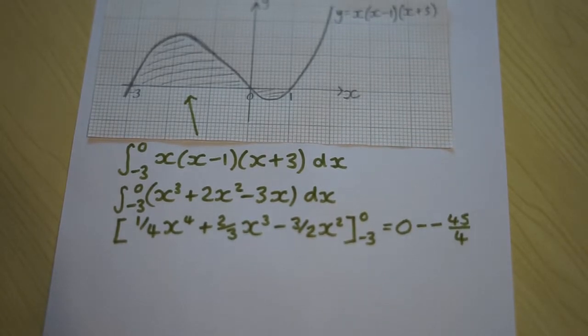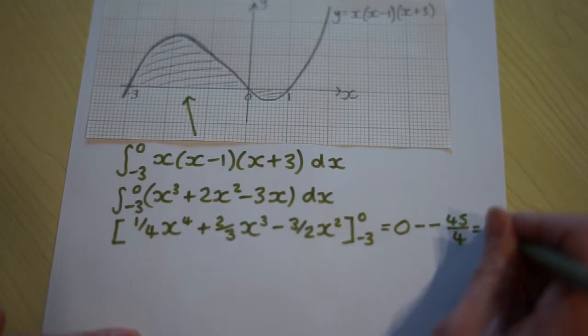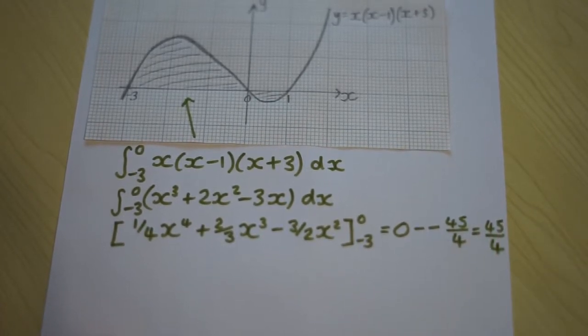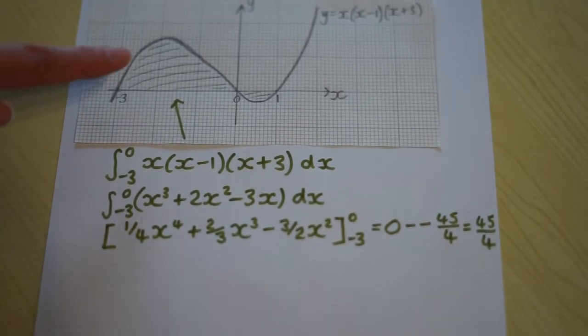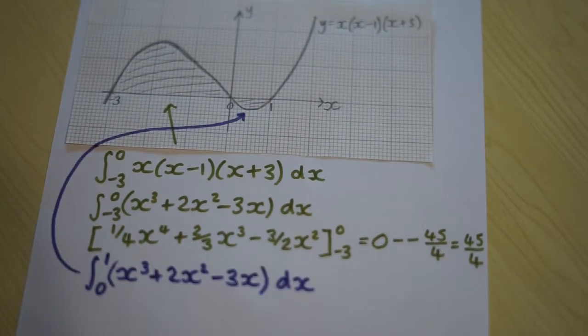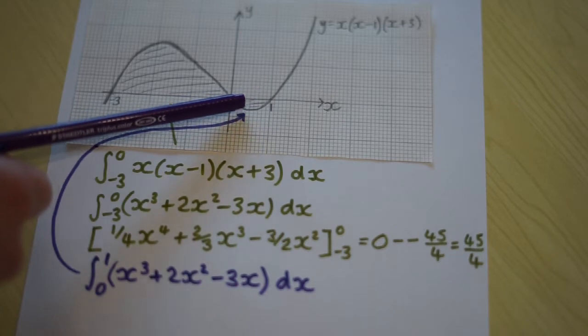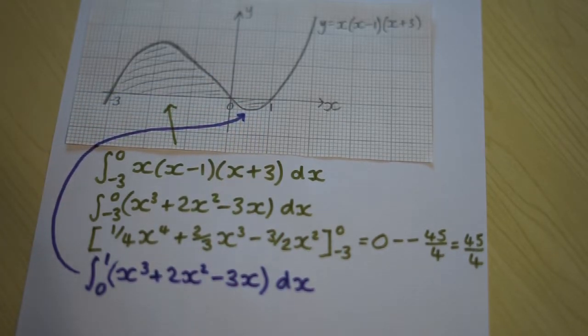So all in all, this shows that the area of the first part of the graph is 45/4. We now have to integrate between 1 and 0 to get this area underneath the curve.